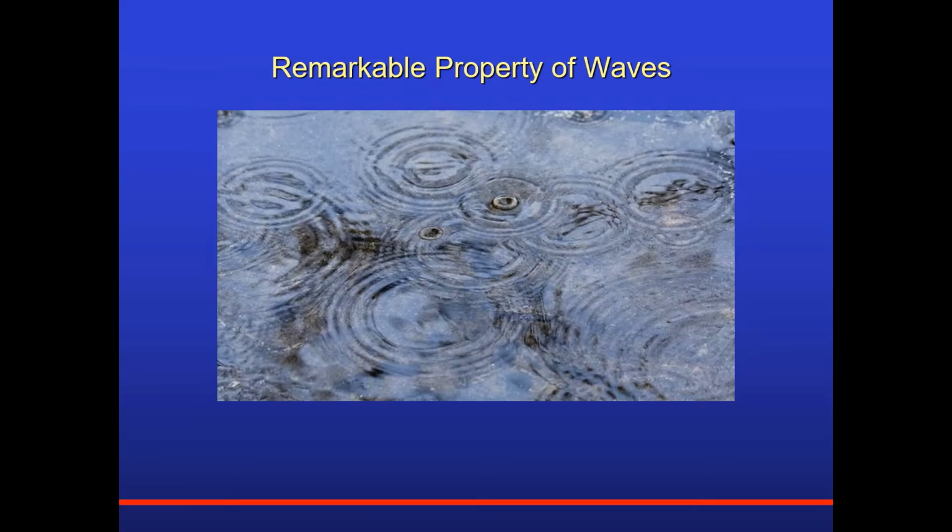Here's a photograph that illustrates a very remarkable property of waves. This photograph is of rain hitting a pool of water. The raindrops are each creating a little disturbance in the water, creating a wave. Waves are spreading out.